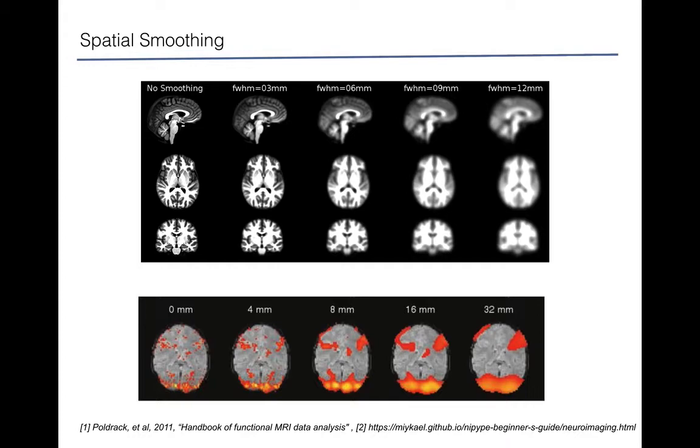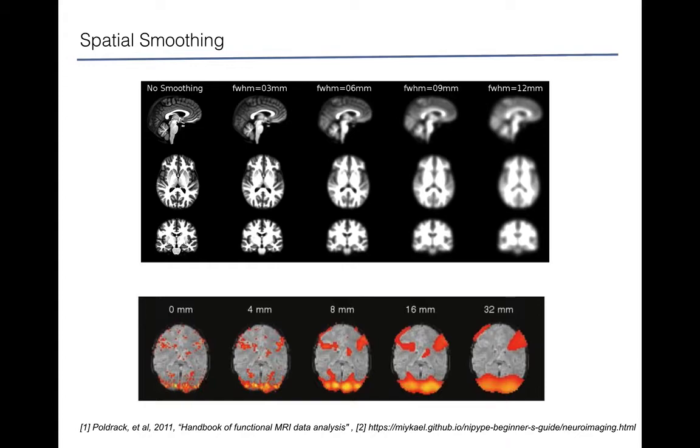You can see it in this figure in the bottom row: the large areas on the occipital cortex, where many voxels had the same activation, merge as you increase the smoothness.